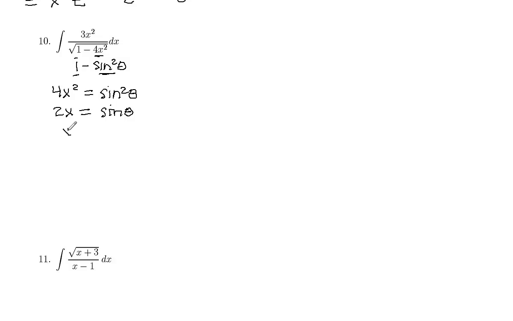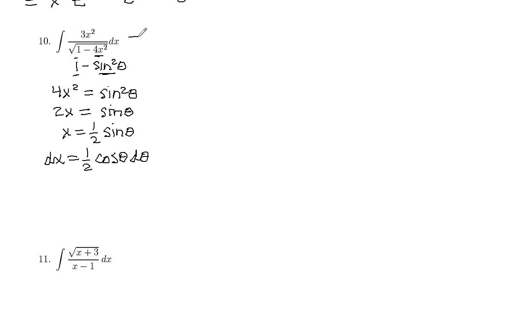And then x is going to be 1/2 sine theta. So there's our substitution. And then dx, the derivative then, is going to be 1/2 derivative of sine is cosine. So cosine theta, d theta.